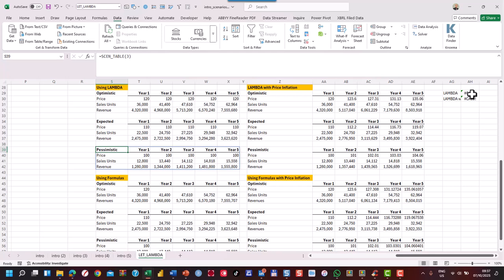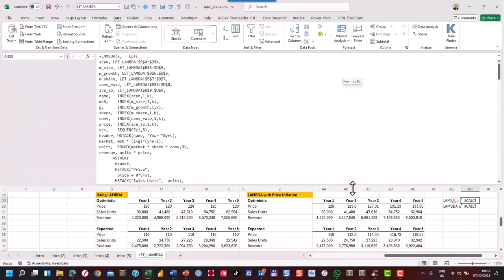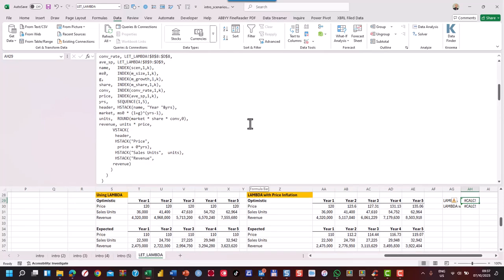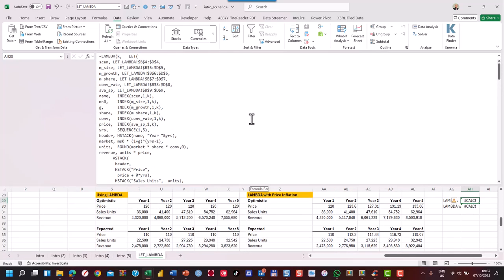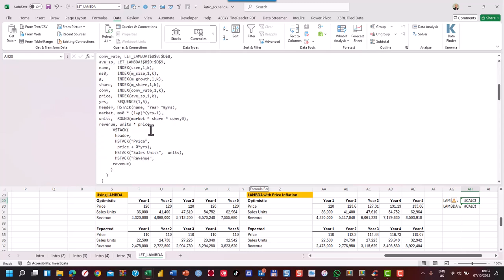Well, it's over here. Let me show. This is the lambda function. You can download this file. You can explore this to your heart's content, but it begins with the lets, a couple of lets, and then eventually it gets down to the lambda when it puts it all together.